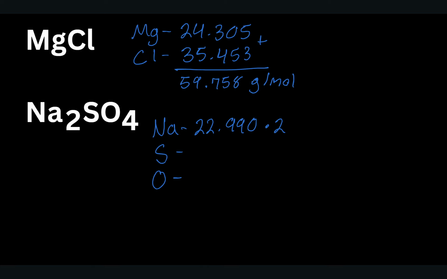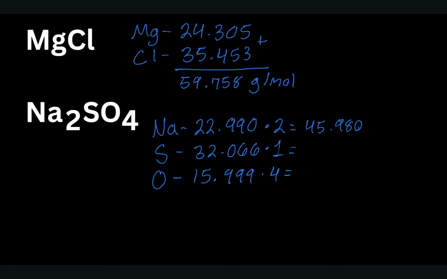Next is our sulfur, which has 32.066 listed as the mass on the periodic table, and I have 1 of them. Then our oxygen is 15.999, and I have 4 of them in this compound. Now I'm going to multiply all of these out.